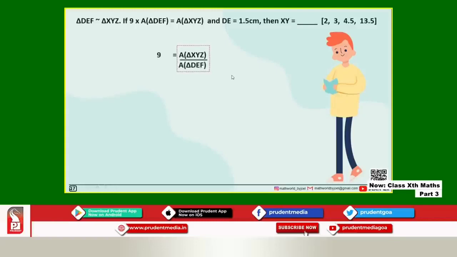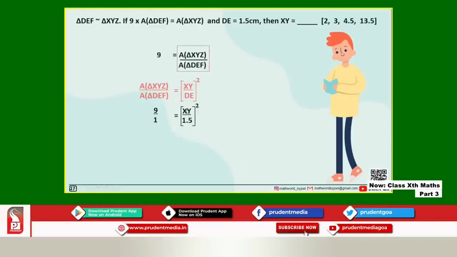Since the triangles are similar, the ratio of their areas is equal to the square of their corresponding sides. So based on that, instead of writing this entire thing in red, all I can do is substitute 9 upon 1. Okay, so that is done, equal to XY to whatever is there, I've written as it is.